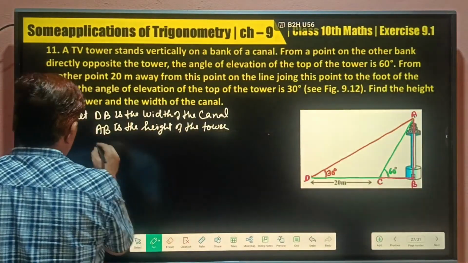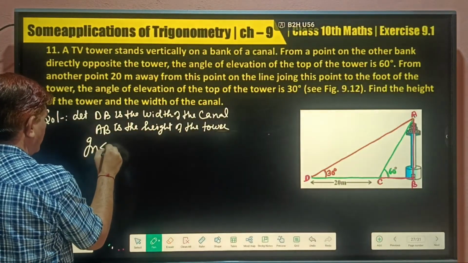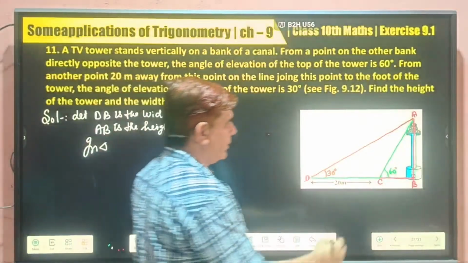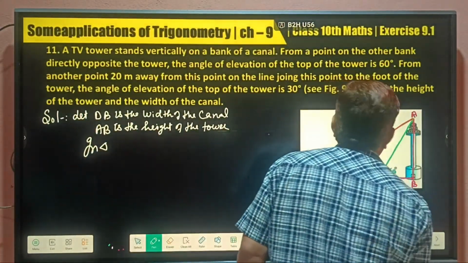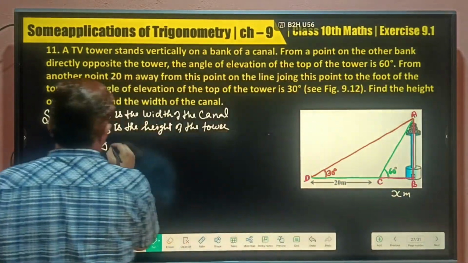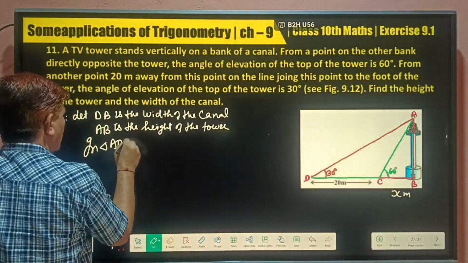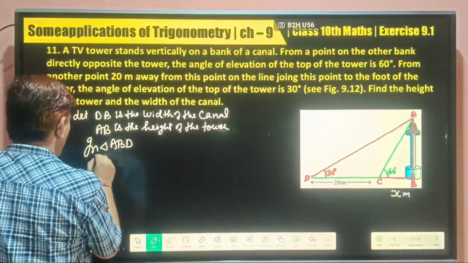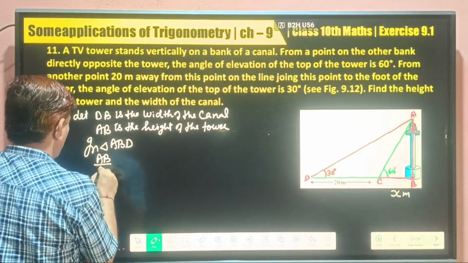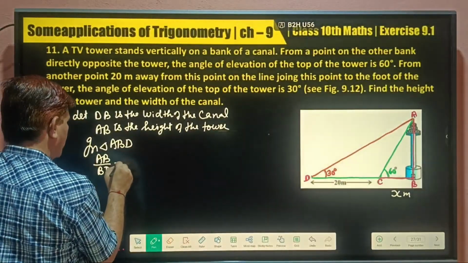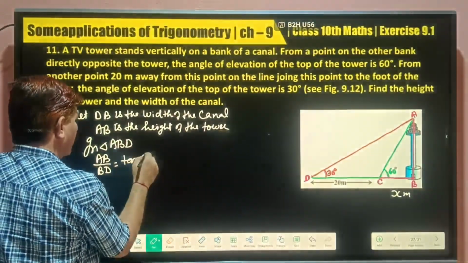In triangle ABD, let this be X meter. AB by BD, perpendicular by base, is tangent 30 degree.